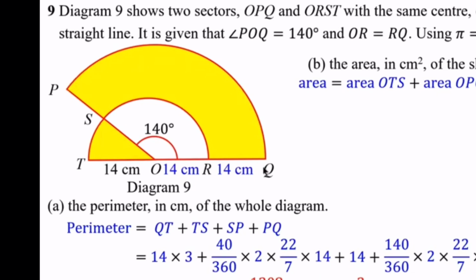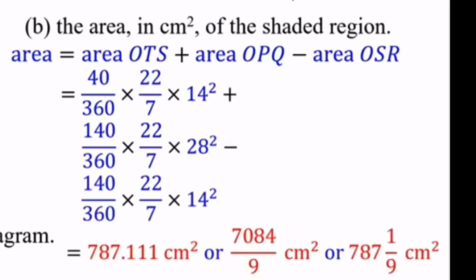So the area of OPQ can be found using the formula, and we need to minus out the area of the white sector inside there. So now we have to find the area of OTS first.